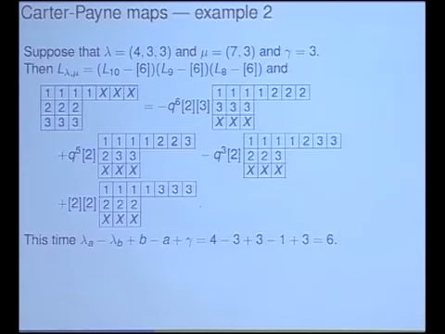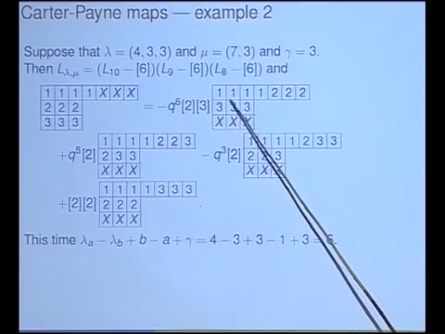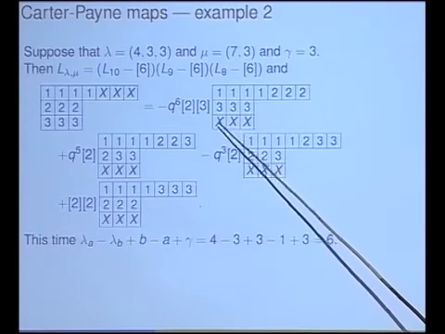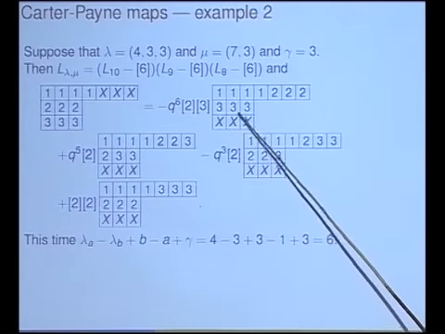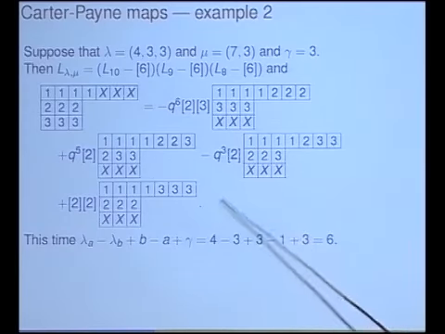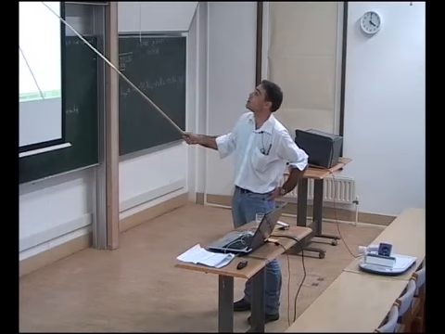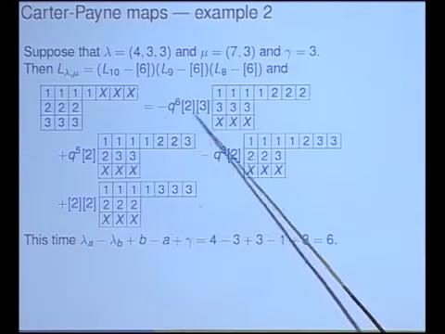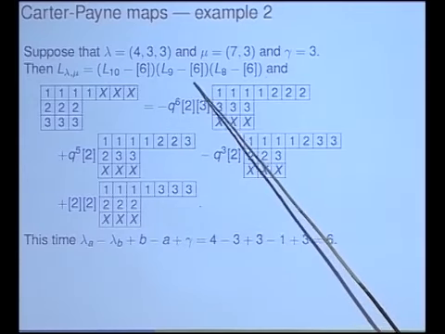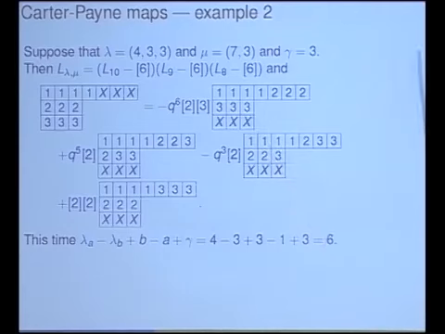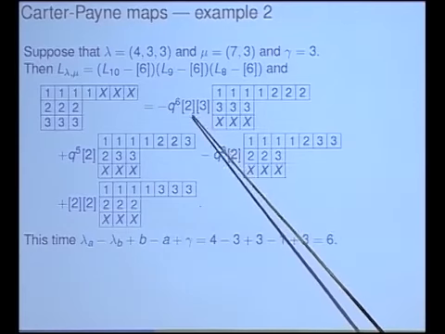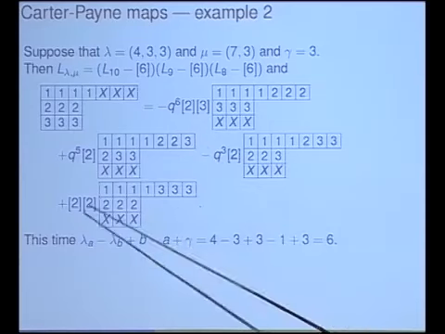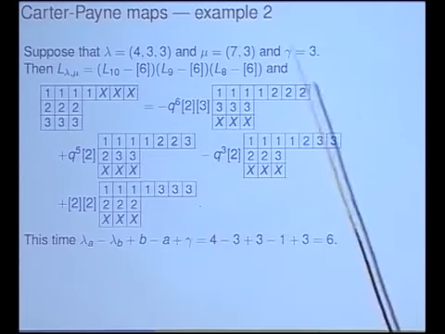If we look at this little numerical thing that we need to work, we get that lambda A minus lambda B plus B minus A plus gamma is now 6. So e equals 2 or e equals 3 will be good, because that would kill off the 6. But if I look at my coefficients, nasty things are happening here. So they're all going down to the right places, but this leading term here could well be 0.